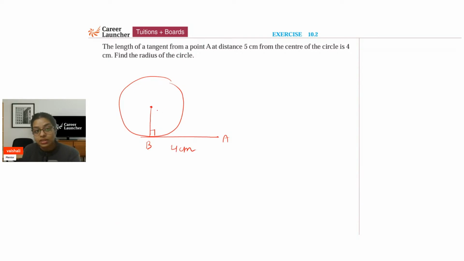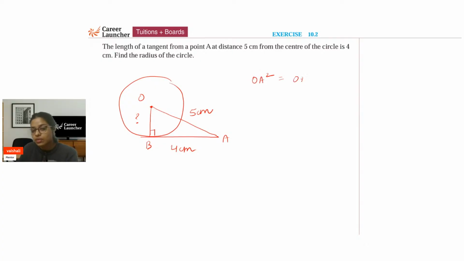Right? But what about this distance? अगर ये O है, the distance from the center to the point A is 5 centimeter. ठीक है? तो ये diagram हमें given है. And now we have to find the radius. So again I can apply Pythagoras theorem, which is what?